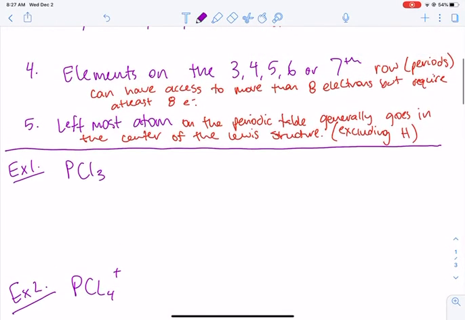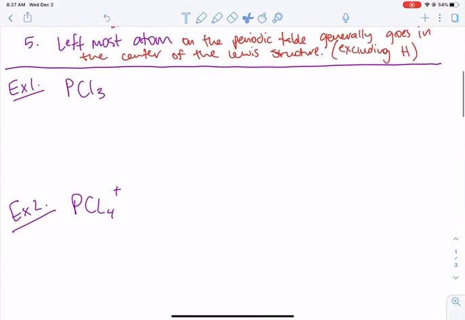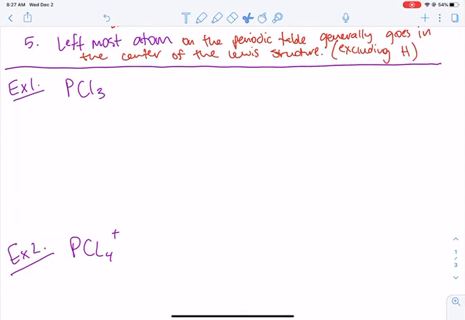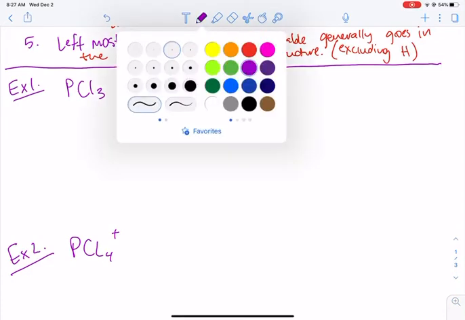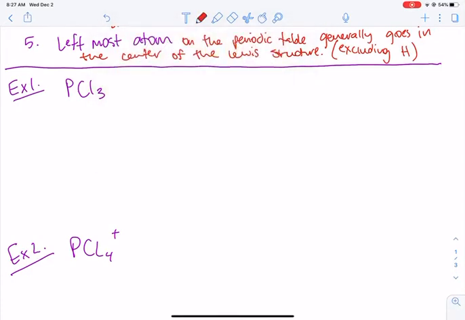So the first one is PCl3. And the first thing that you always have to do when you're working on a Lewis structure is count the number of valence electrons. And all that means is you look on the periodic table and you count from the left until you get to your atom. So for phosphorus, you count 1, 2, 3, 4, 5 spots.